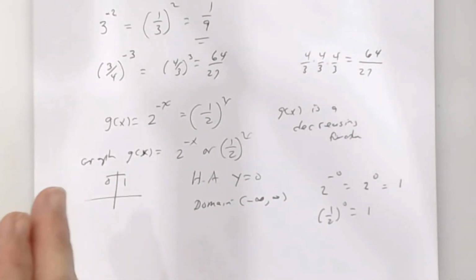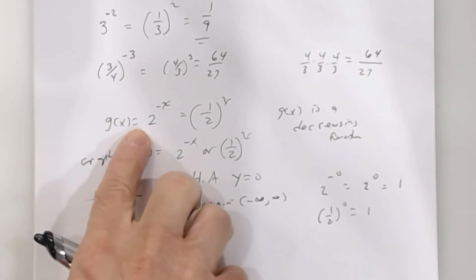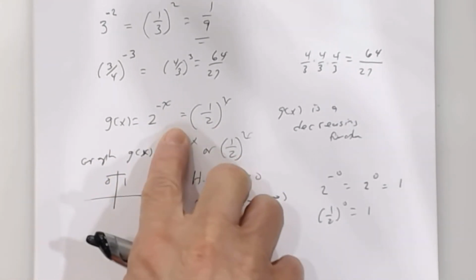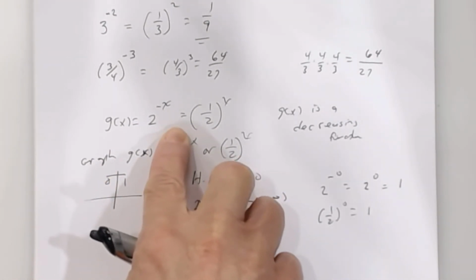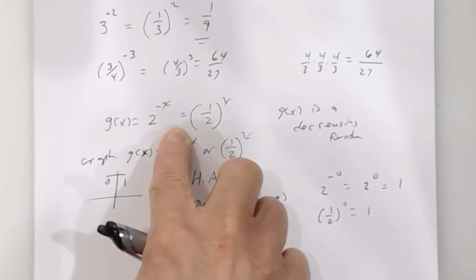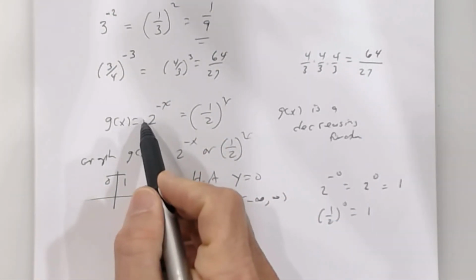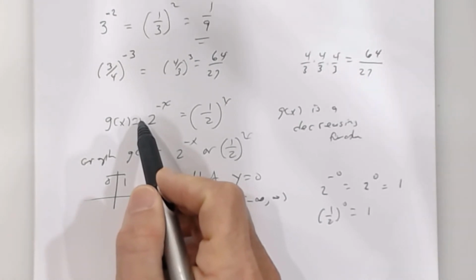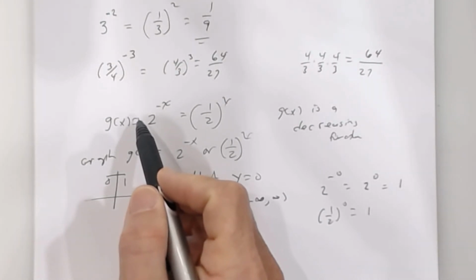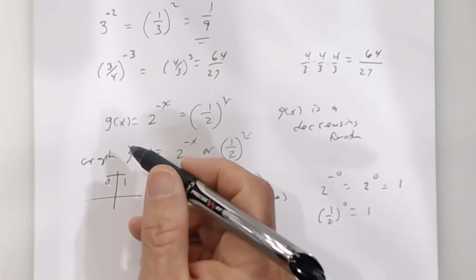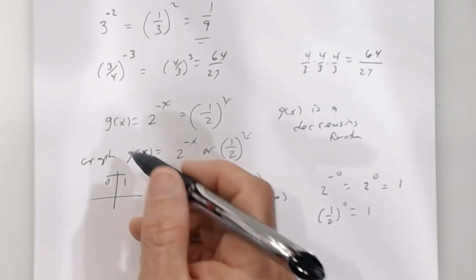What's the sign in front of 2 to the negative x or 1/2 to the x? It's positive. Remember, it's going to be below if there's a reflection. There's a reflection if there was what in front of this 2 to the negative x? A negative. All right, so that's on your third test, guys. Graphing these.